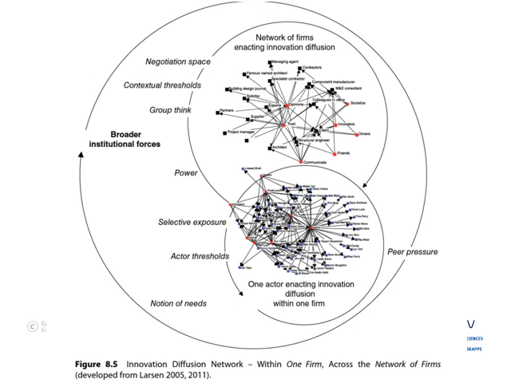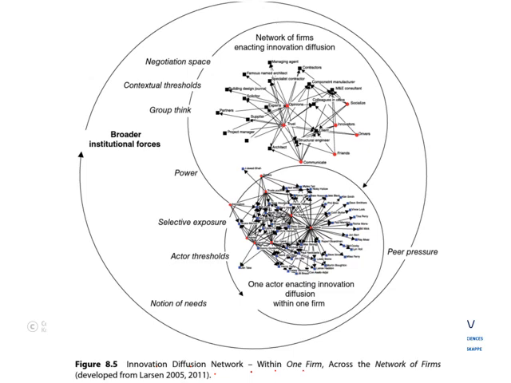And the important one that I want you guys to have a look at is your network of firms, your innovation diffusion within one firm. So this is now a combination of those two networks, basically, in the broader built environment.